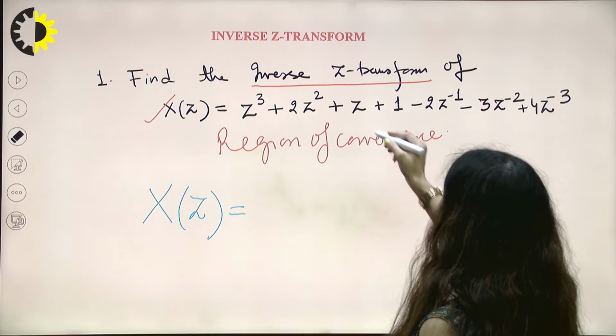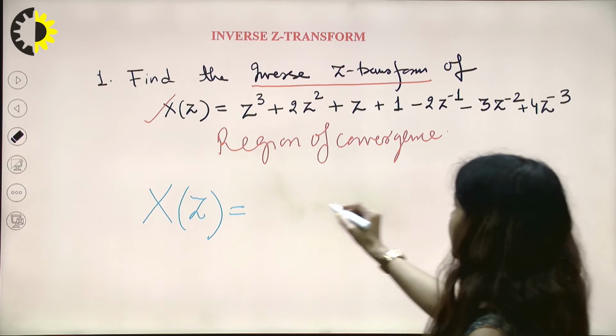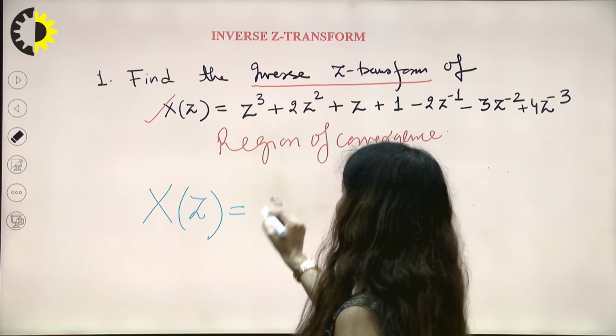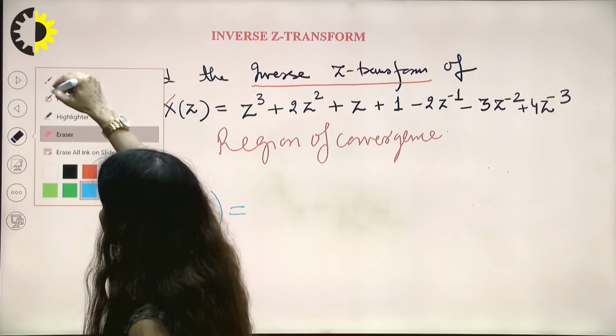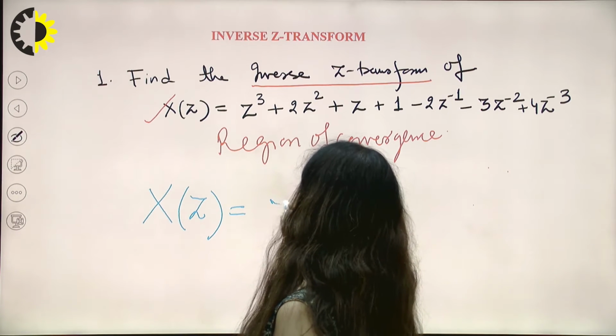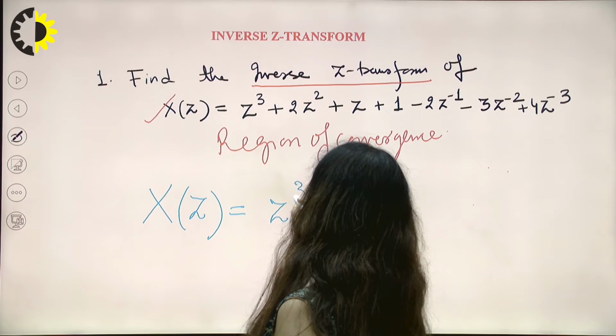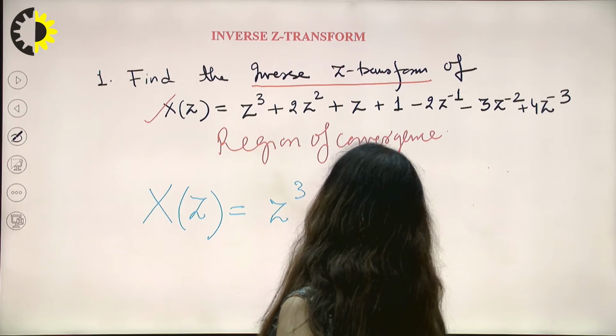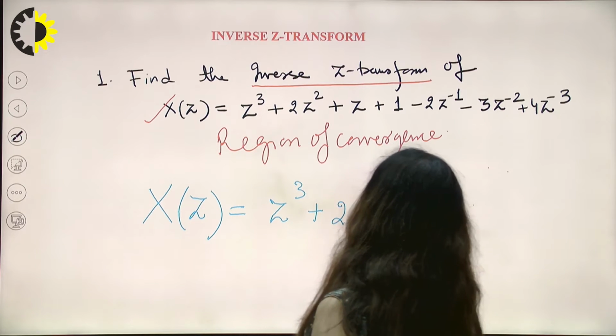This is like the sequence z cubed plus 2z squared plus z.